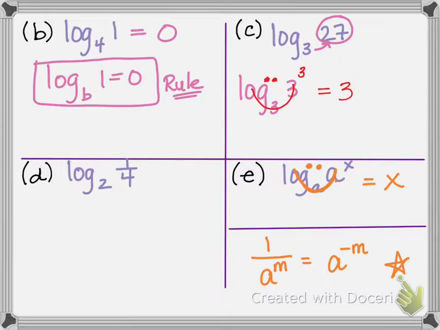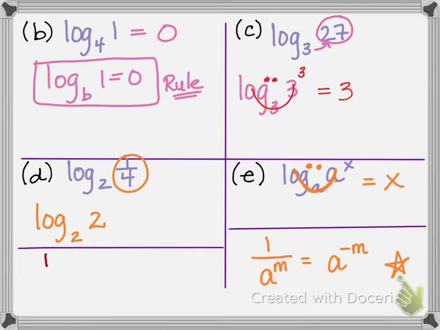For our problem, we have a log base 2, and I'm trying to get this number written with a base of 2. So 2 to the what power would give me 1/4? Well, if I use the formula over here, and I'm going to draw another line over here to kind of show work. So let's use the formula.